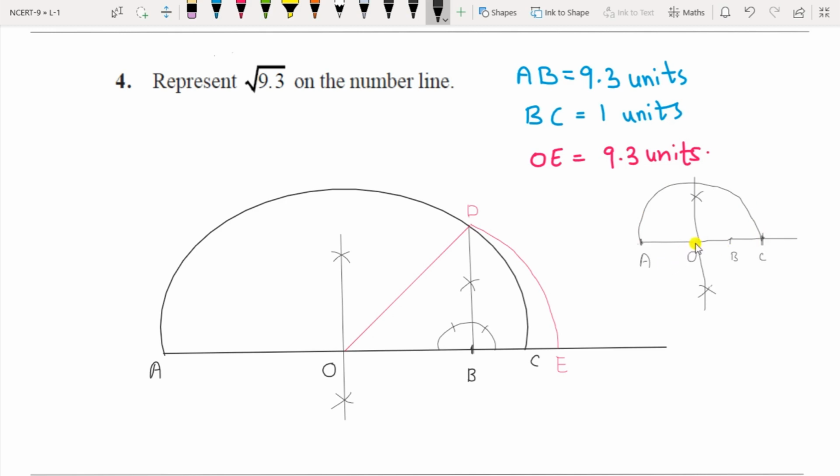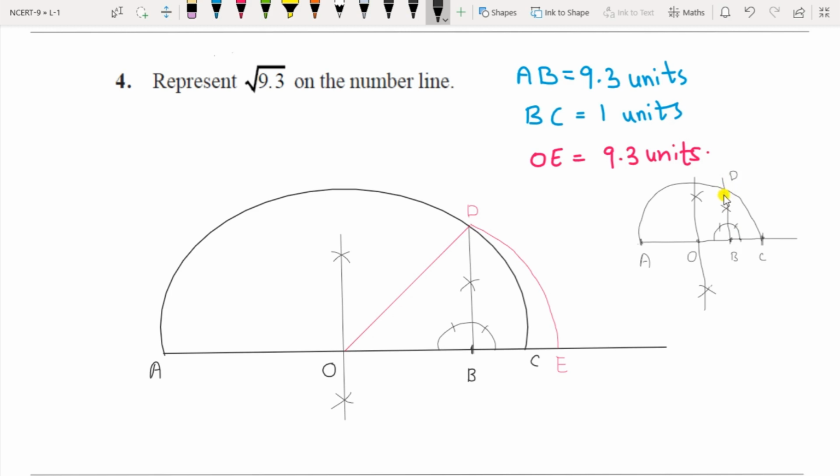Now keep the compass on B here and draw 90 degrees as you do usually. Taking any radius, make an arc, then by keeping the compass at this point, cut an arc, then again by keeping the compass at this point, cut another arc here, and then cut the previous arc and join a line. This is your point D, and join DB.